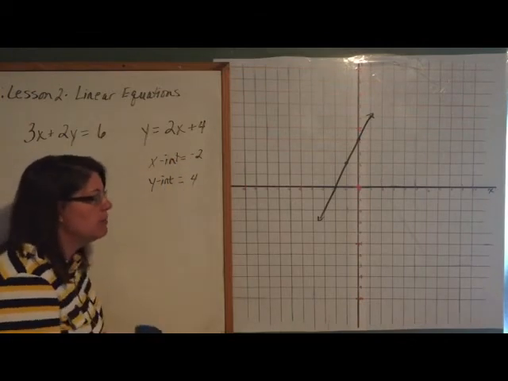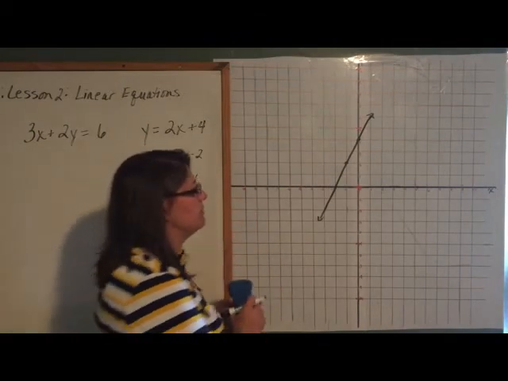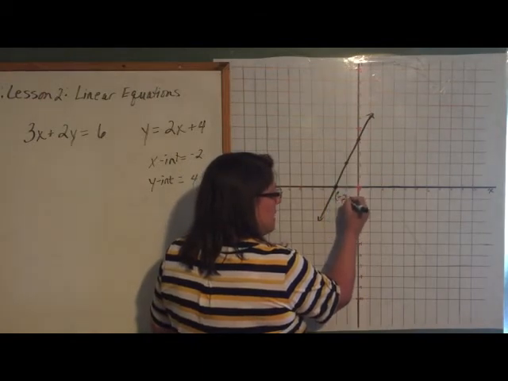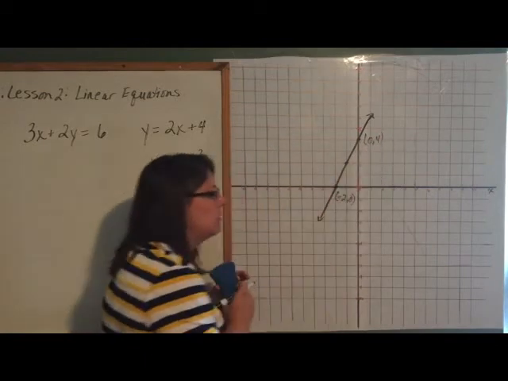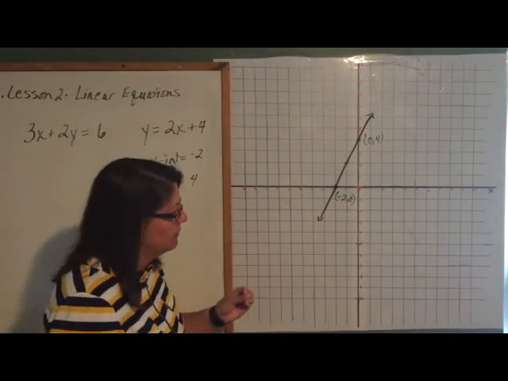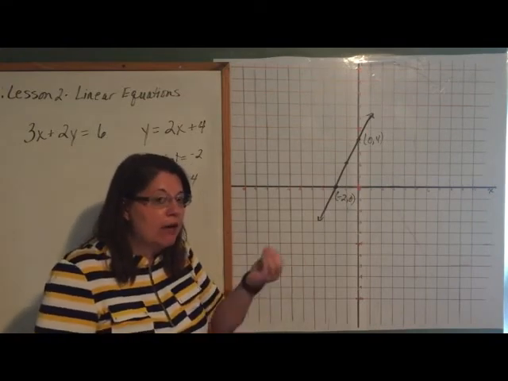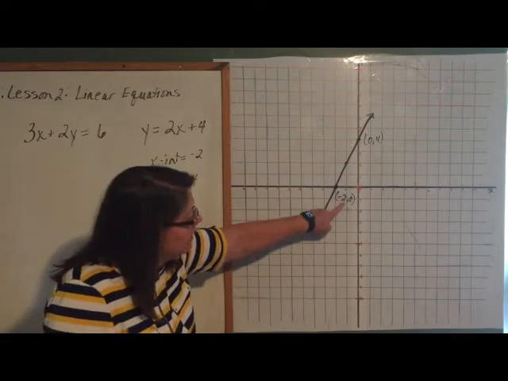Now, here's something important you need to make a connection about. The x-intercept and the y-intercept, if this is the x-intercept, that's at negative 2, 0, and the y-intercept is at 0, 4. Well, if we are at an intercept on our graph, then either the x or y coordinate is going to be 0. Look at my x-intercept.